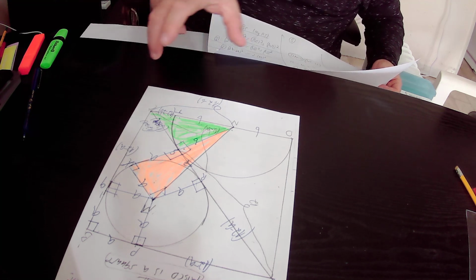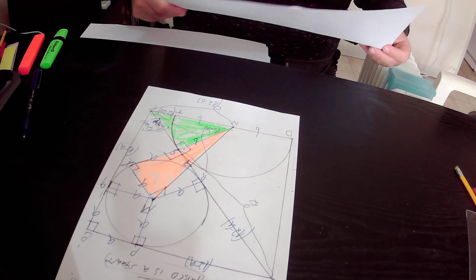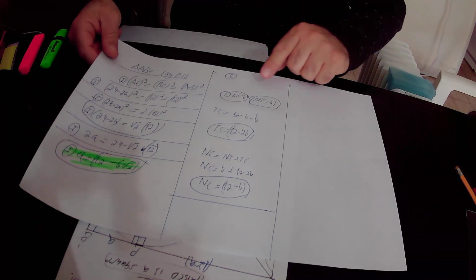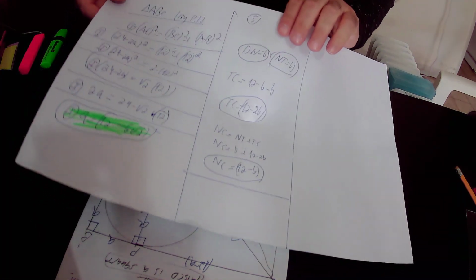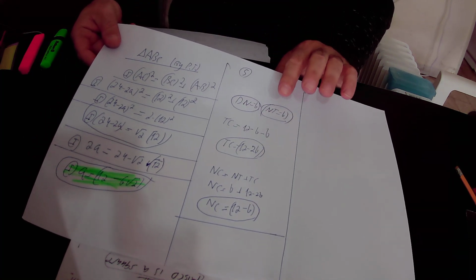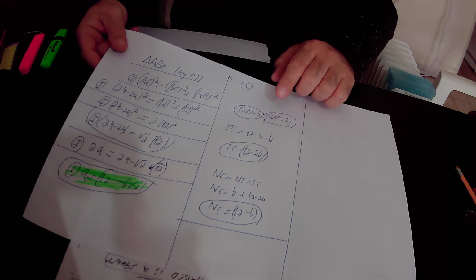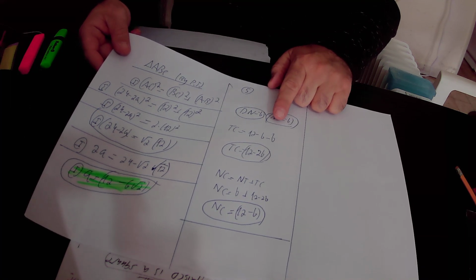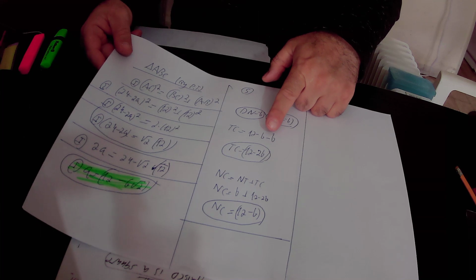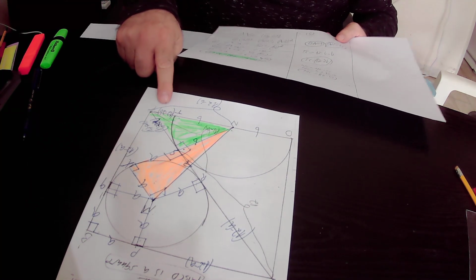TC equals DC minus DN minus NT. That is DC, which is 12, minus DN, which is B, and minus TN, which is also B. So TC equals 12 minus 2B.